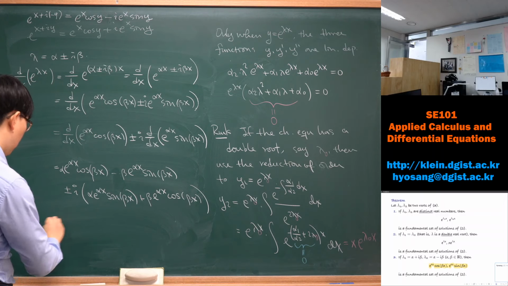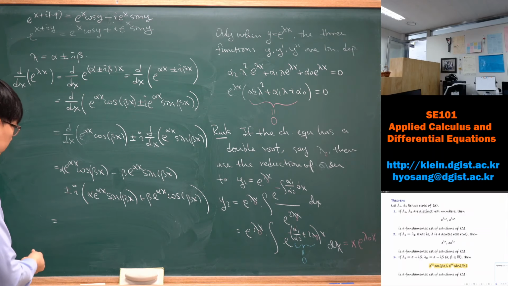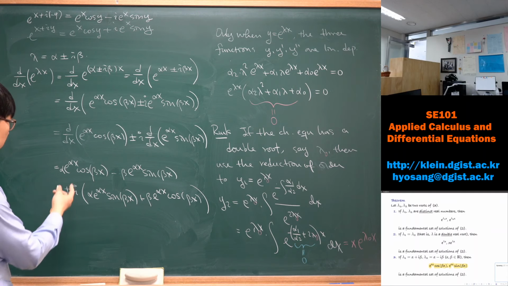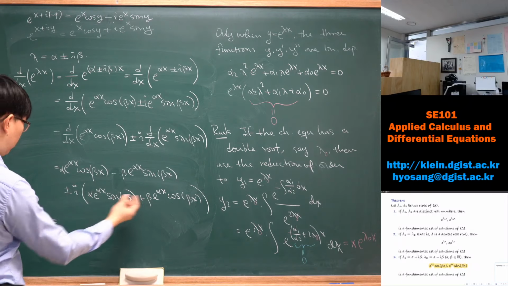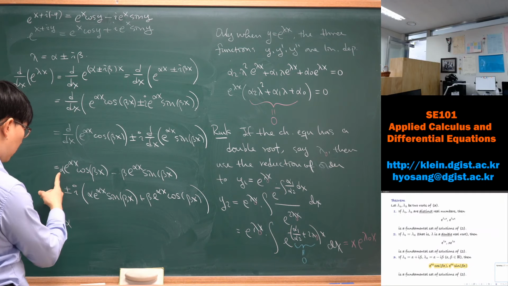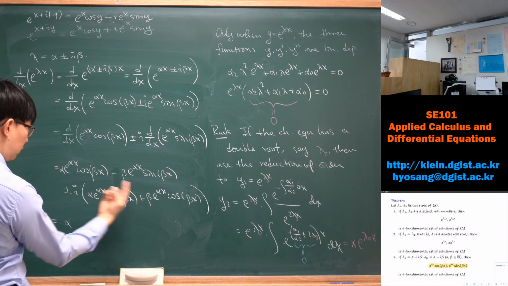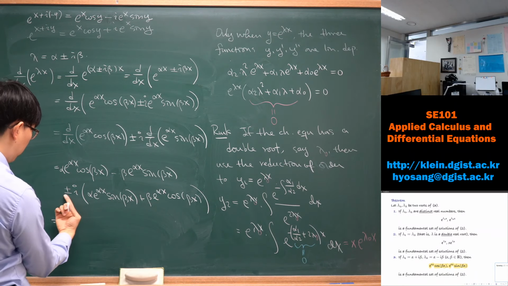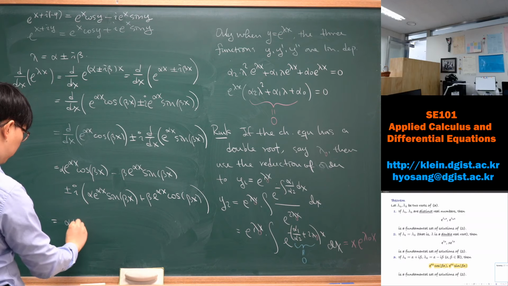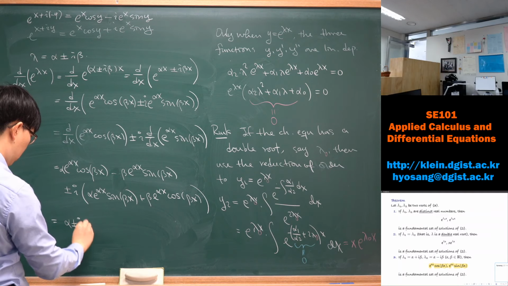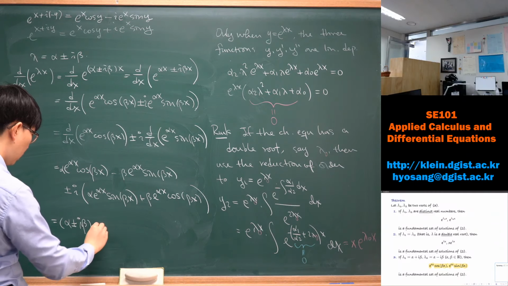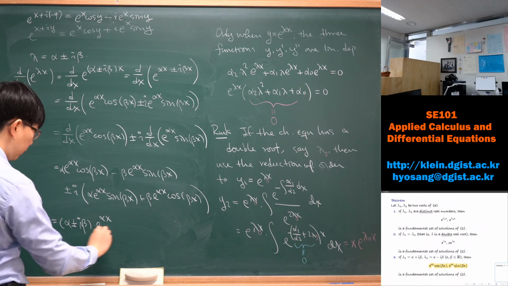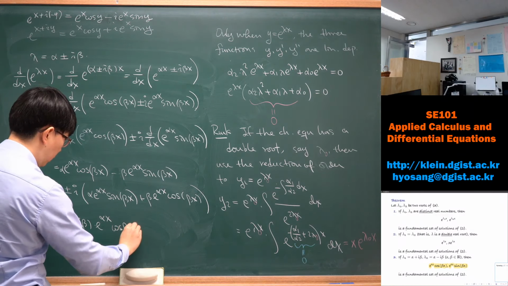Okay. Let's combine terms here. First of all, let's combine cosine. So we have alpha, and I'm going to combine cosine beta x. Here beta is multiplied with plus minus I, so it's plus minus I beta times e to the alpha x cosine beta x.